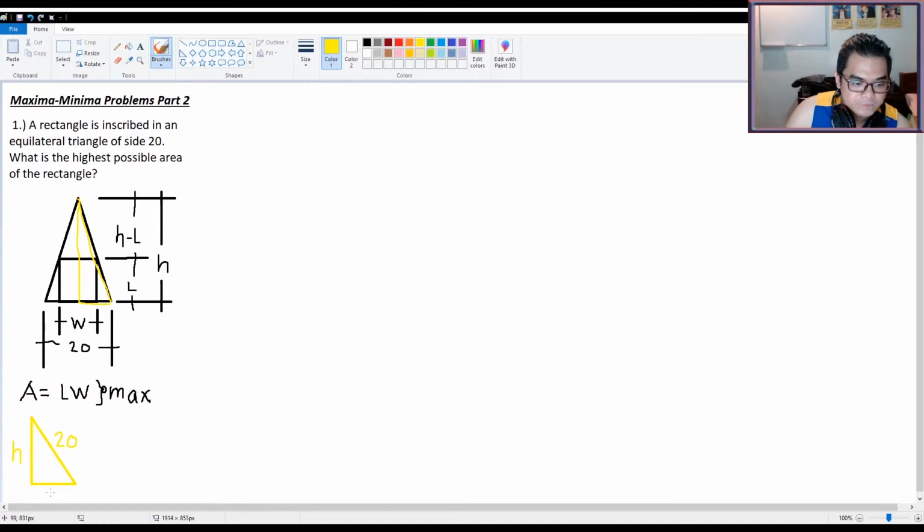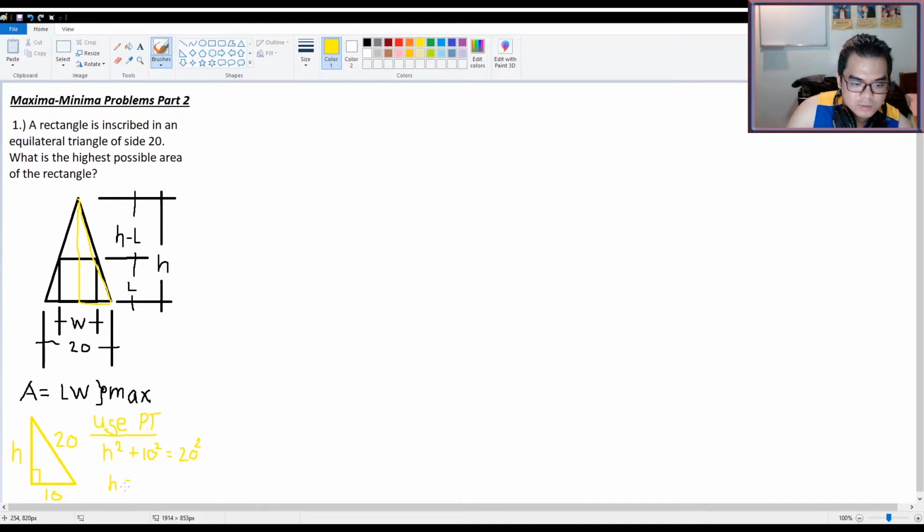This part cuts the 20 in half, therefore this must be only 10. From that we can use the Pythagorean theorem to find the value of h. Therefore h squared plus 10 squared must equal the square of the hypotenuse, which is 20 squared. As you can see, this is a right triangle.